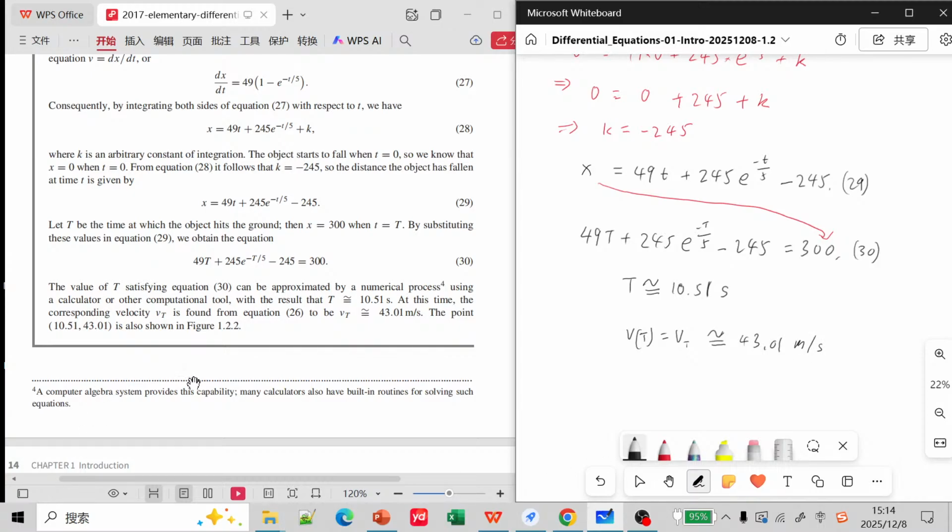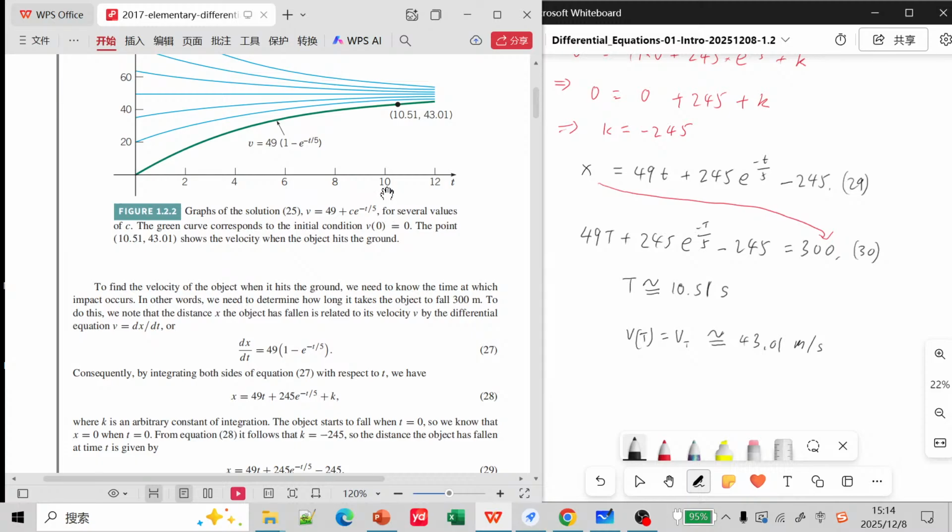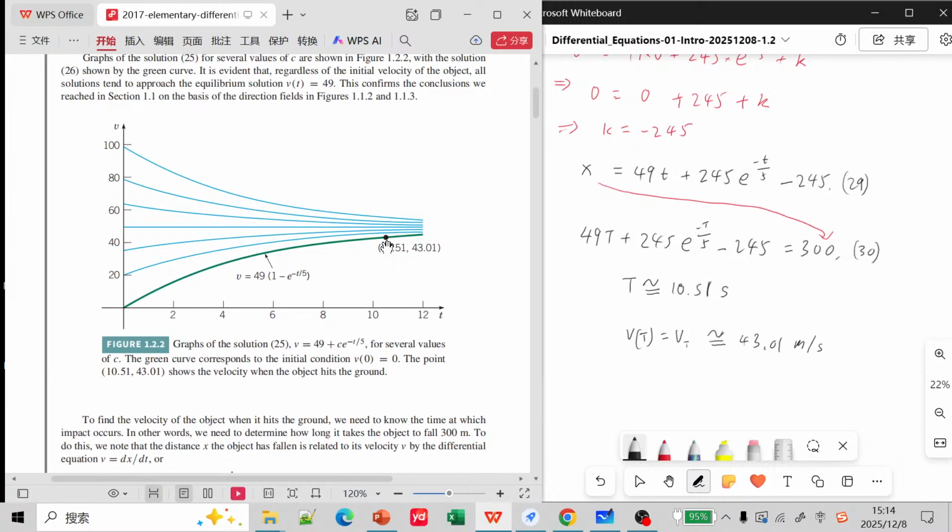The point TV is also shown in figure 1.2.2. This is the TV point.